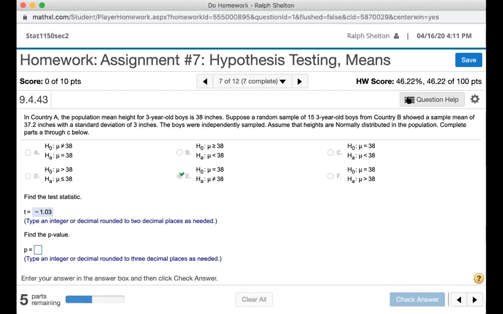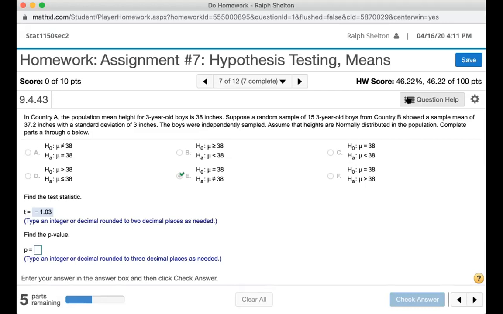So the p-value is the probability that you get a t of negative 1.03 or a value less than negative 1.03, so a bigger negative number.